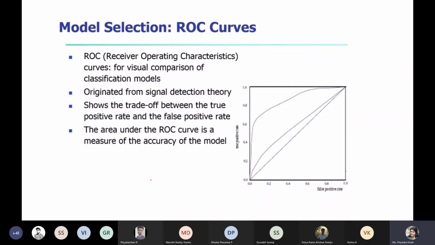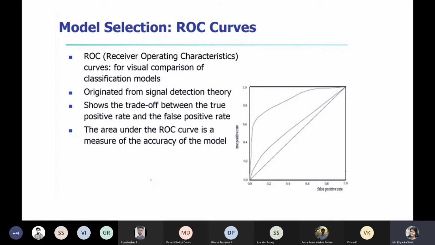Like if you guess. So at least that much accuracy should be there. Our model should be above that. So here the line is our baseline, like a minimum threshold above which your model should be, of course.